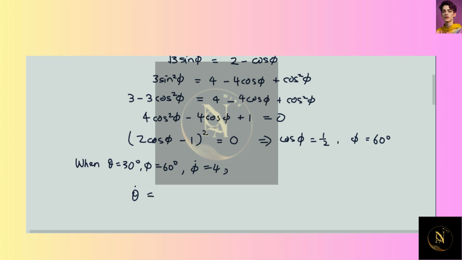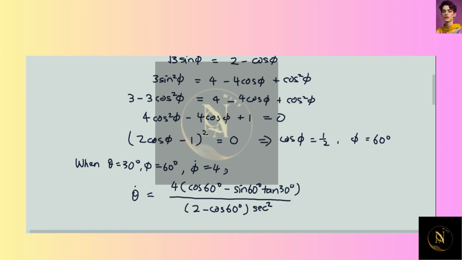Putting in the numbers, theta dot equals 4 times cosine 60 degrees minus sine 60 degrees tangent 30 degrees, divided by 2 minus cosine 60 degrees secant square 30 degrees. If you calculate, you get 0. The numerator is just going to be 0. So this is the answer for this question.